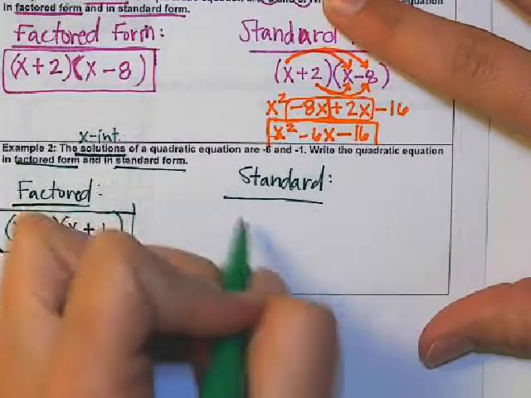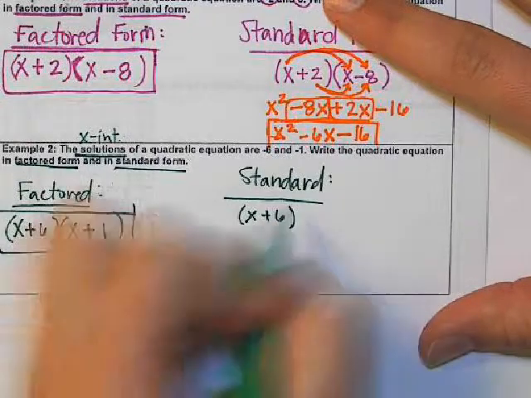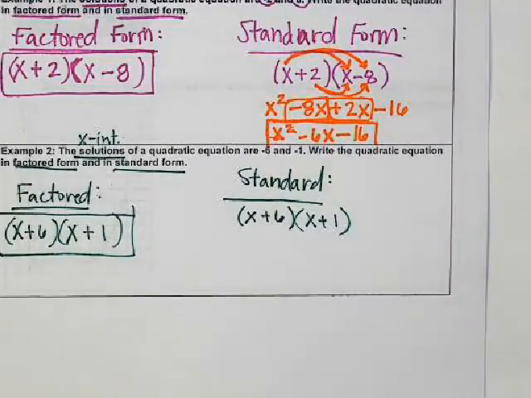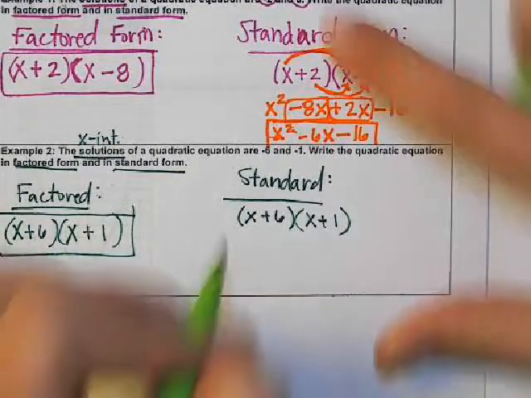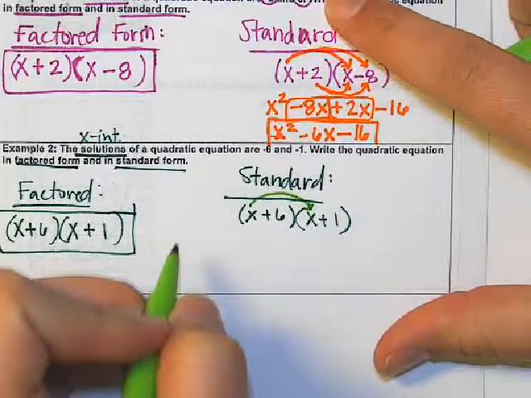Double distribute. So I'm going to rewrite the problem. I want it nice and neat. And I'm going to double distribute. X times x is going to be? X squared.